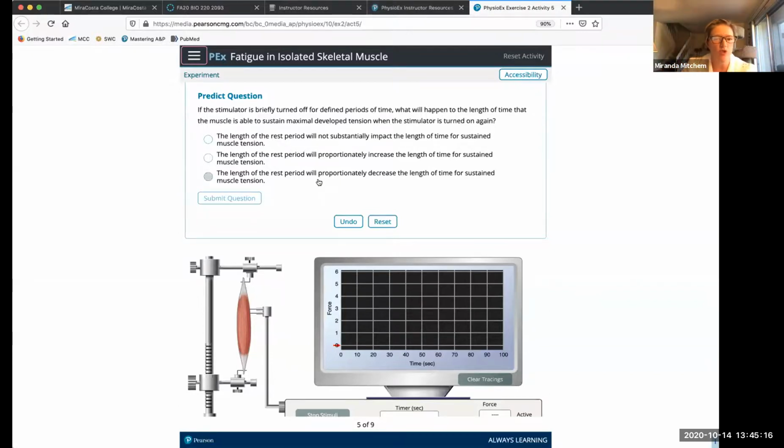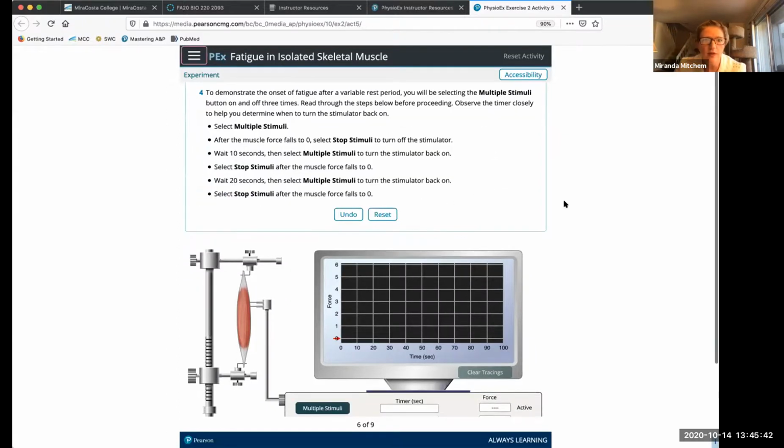If it drops back down. So we've got the length of the rest period will not substantially impact the length of time for sustained muscle tension, will proportionally increase it, or will proportionally decrease it. It's going to decrease it, right? Because if you drop out of tetanus, you're out of tetanus. All right.